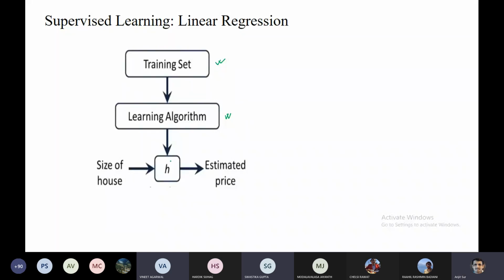Using this learning algorithm, we get h, and when we get h, then for any house size we can get the price. So the first concept we have to learn is what h is. Since it is linear regression and we use a 2D data space, h is basically a line. So what is a line?